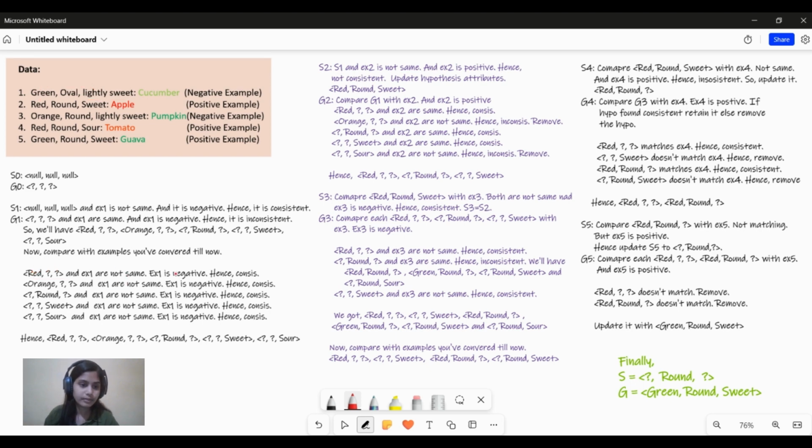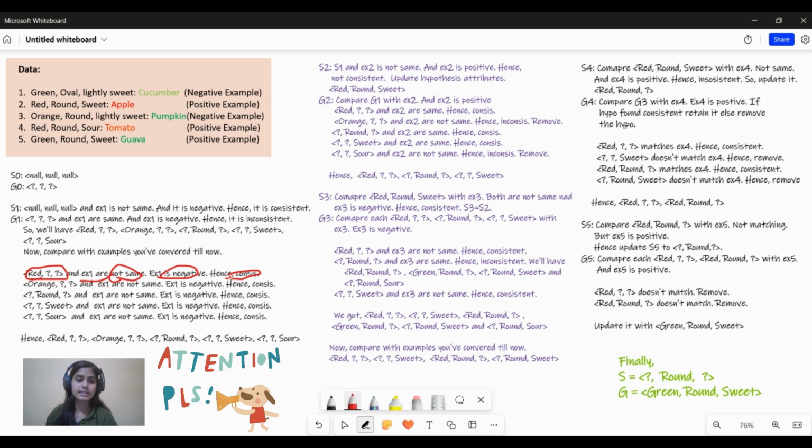So what we will tell is that example 1 is negative, so it is consistent, as this and example 1 are not same, and example 1 is negative, hence it is consistent. Do you understand it? As both are not matching, and also this example is negative, so it is consistent.